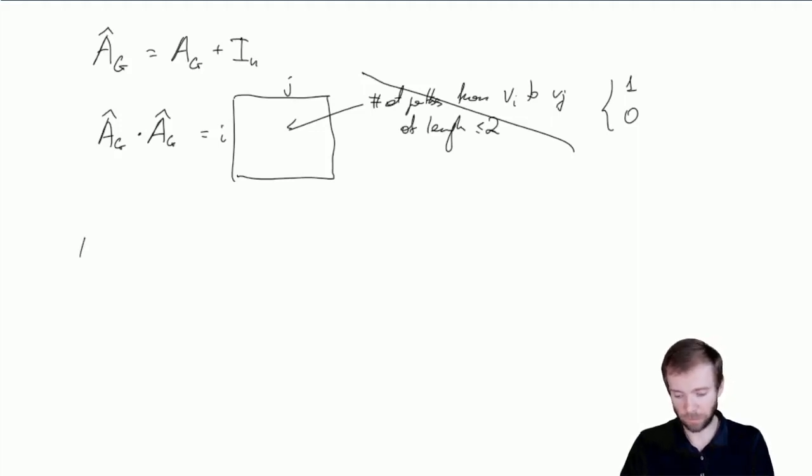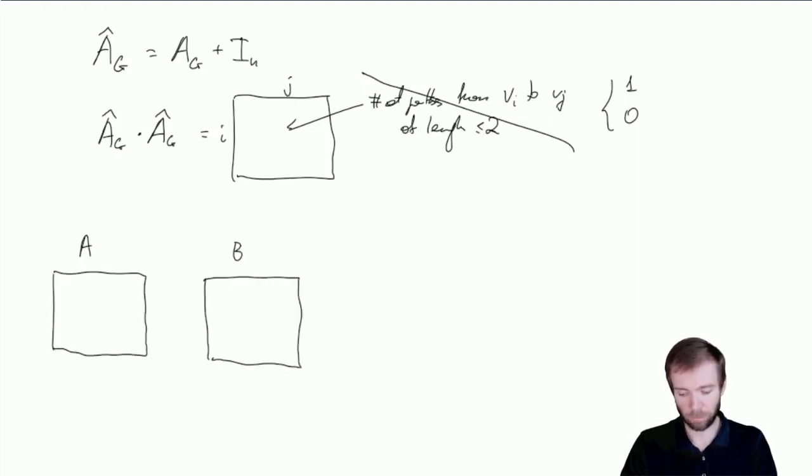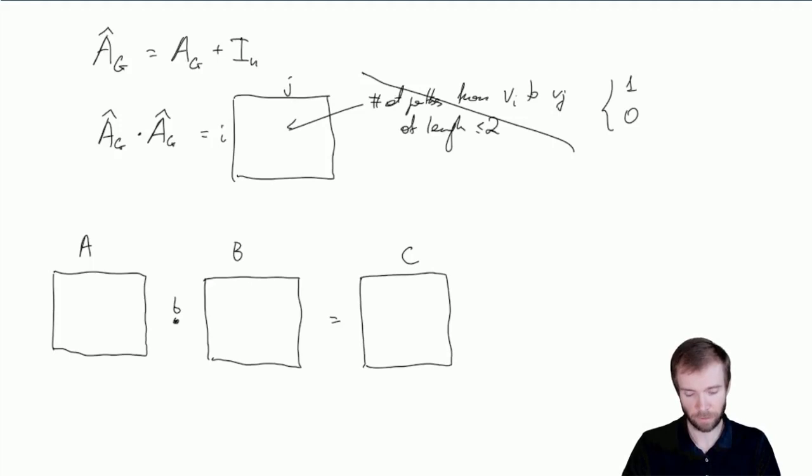So if we have two matrices, A and B, the Boolean product, which we'll denote like this, is equal to a matrix, which we'll call C, such that the ij position of this matrix, Cij, is equal not to the sum over all k of Aik times Bkj, but rather to a disjunction of conjunctions of Aik and Bkj.